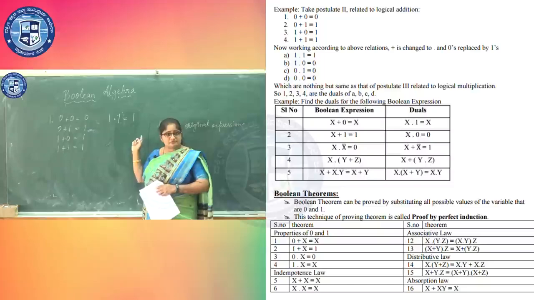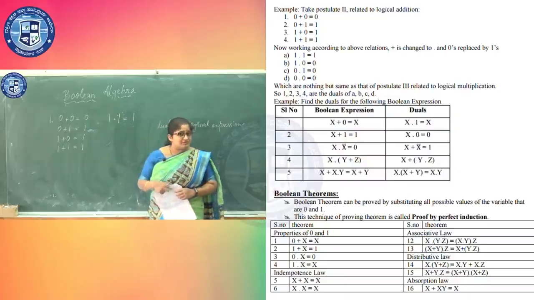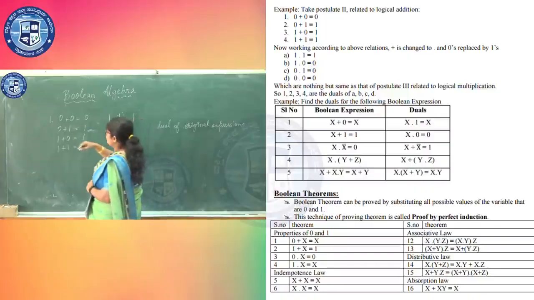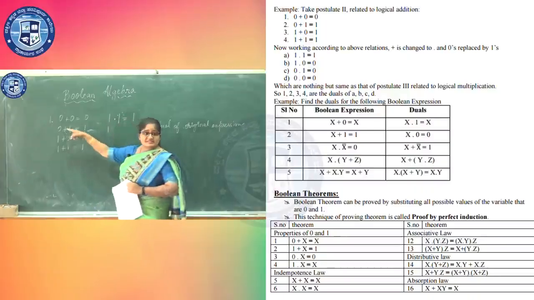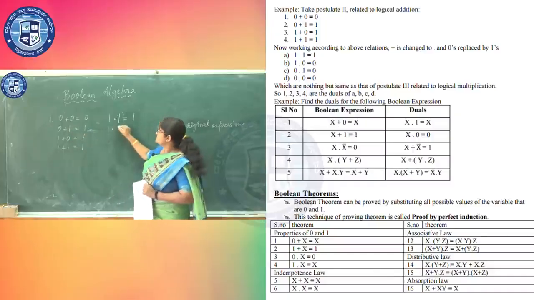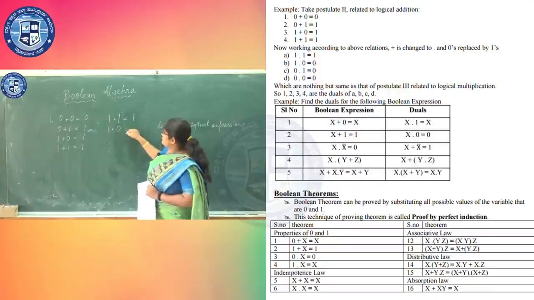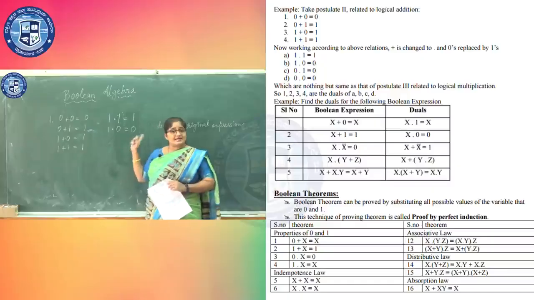Is it not true? It is true, and I told you all the values must be true, only then the resultant will be true. Go for the next one. 0 is replaced with 1, plus is replaced with dot, 1 is replaced with 0, 1 is replaced with 0. 1 and 0.